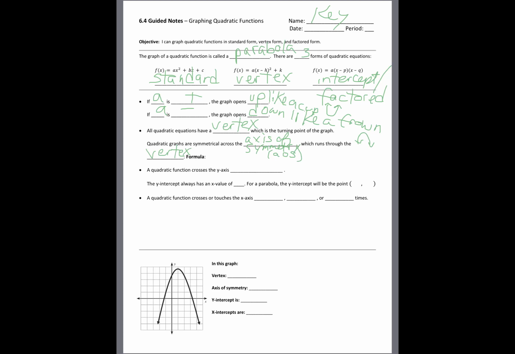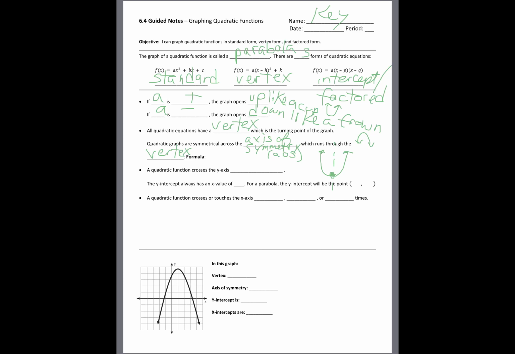All right, so in order to find the equation for the axis of symmetry, it runs through the vertex, remember. So if you're looking at a parabola, you're going to have the vertex at the very bottom or the very top. Your axis of symmetry is this line that runs right through it. So it's always going to be a vertical line that goes right through the vertex.